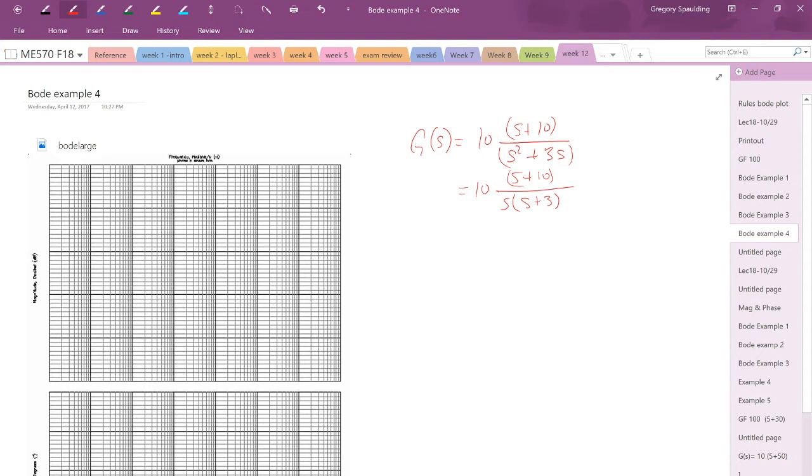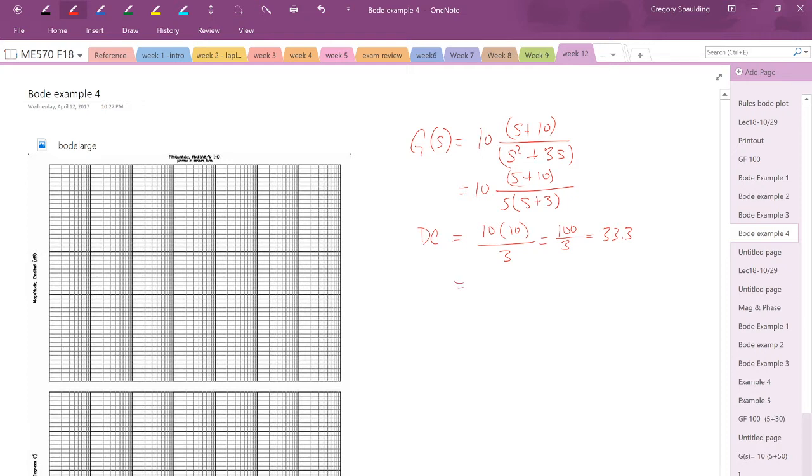But the first thing we want to do in plotting the Bode is find the DC gain. Remember, we're going to ignore any free s's, and so taking the remaining s's to 0, we end up with 10 times 10 divided by 3, which gets us 100 over 3, which is 33.3 as our raw value for the DC gain.